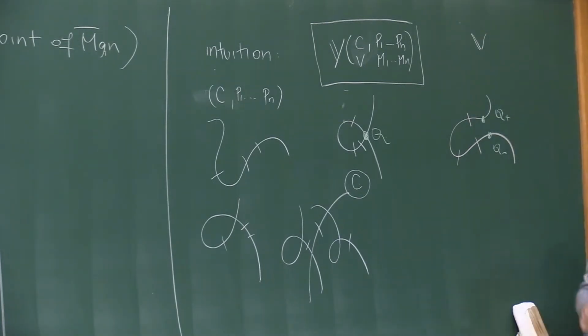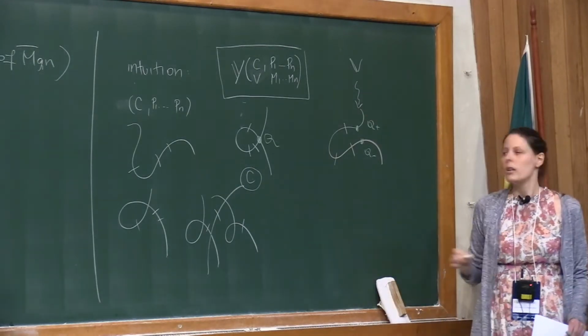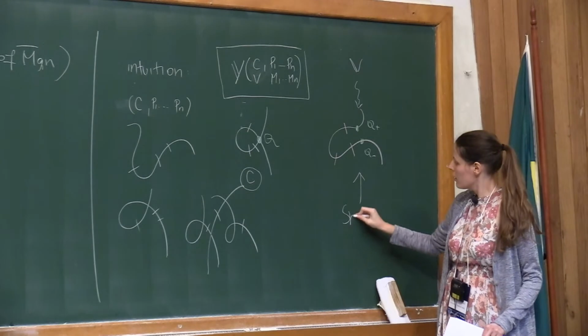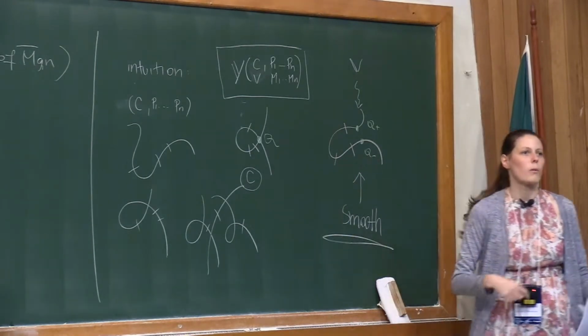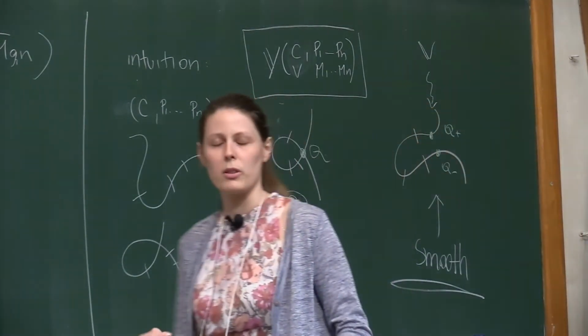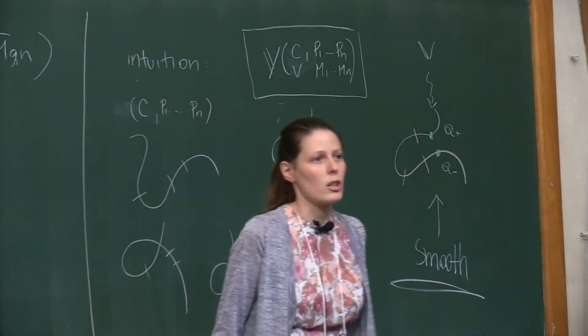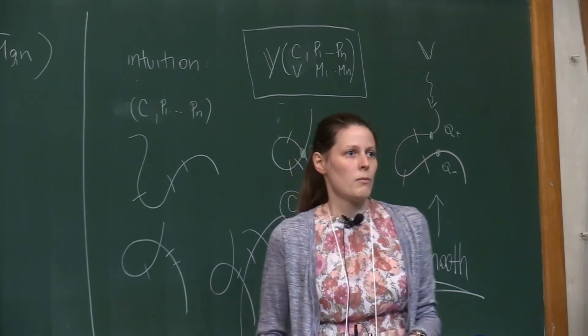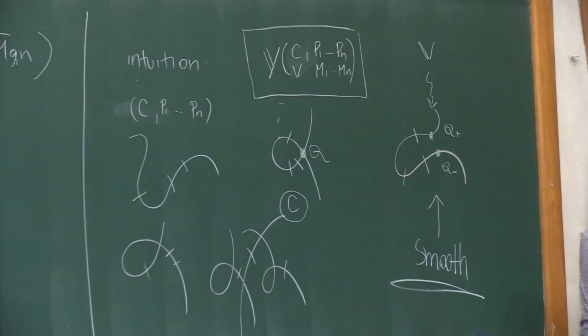We have to figure out how to decorate them, which naturally lives over the normalization. And here I'm over now a smooth curve, or a curve of lower genus. And so using this process inductively, this property will essentially allow me to compute the dimension of these spaces. So this is sort of the spirit of factorization.